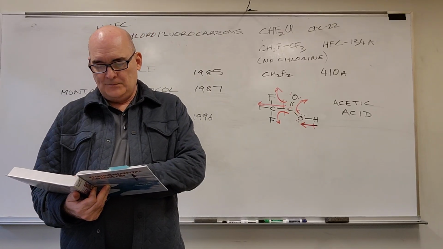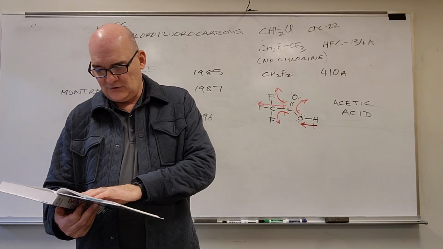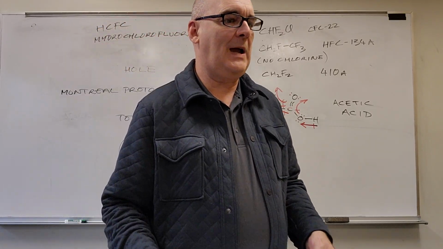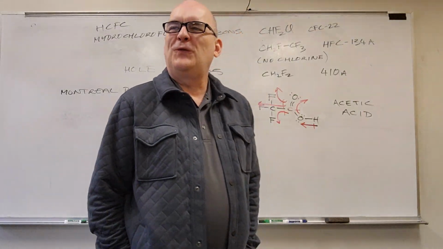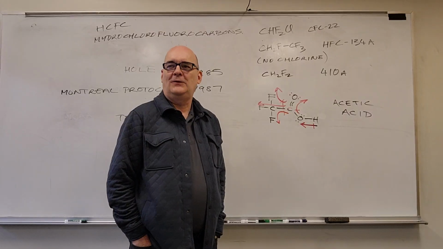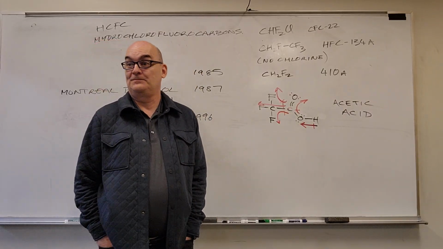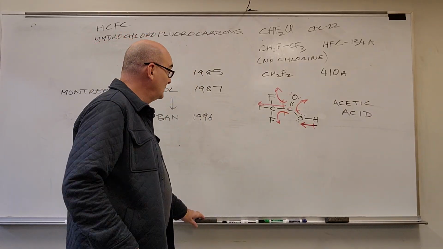And one thing that it mentioned in an earlier chapter is that bromine is 50 times worse for ozone than chlorine is. Good news, bad news. Okay.